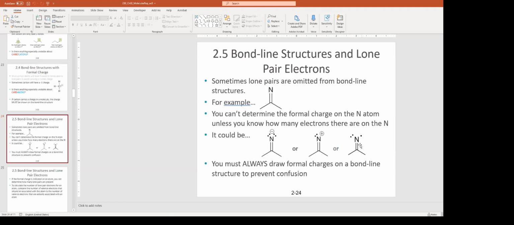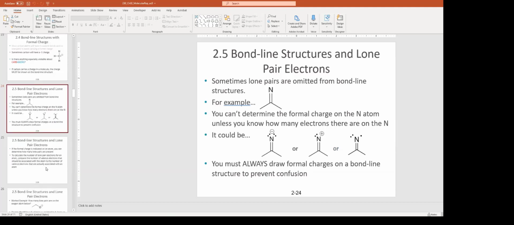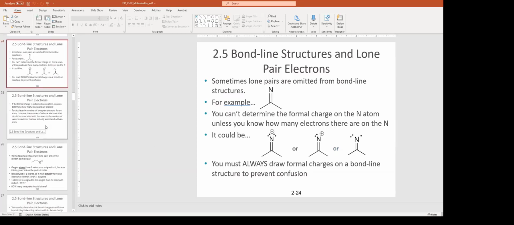You'd probably never figure this out. So the rule is, whenever there's ambiguity, not only must you show the formal charges, you should show lone pairs if there's any chance someone's going to be confused. If there's any chance I could misunderstand, make sure you draw them.